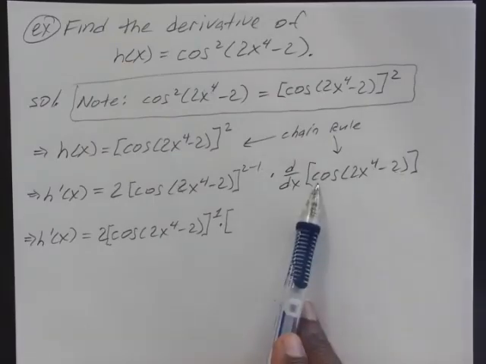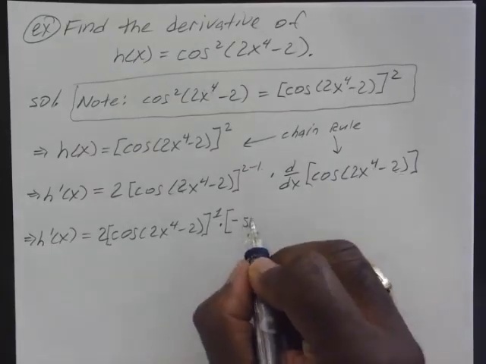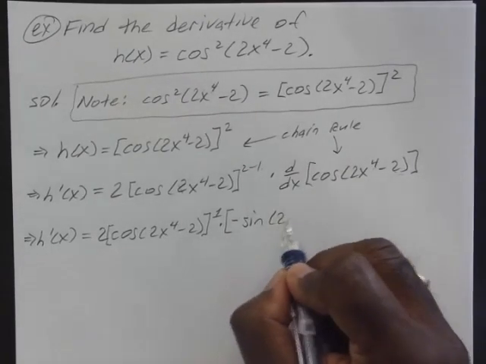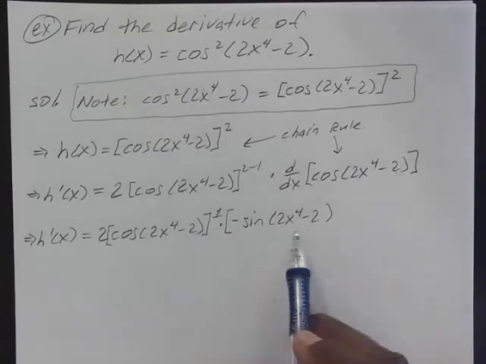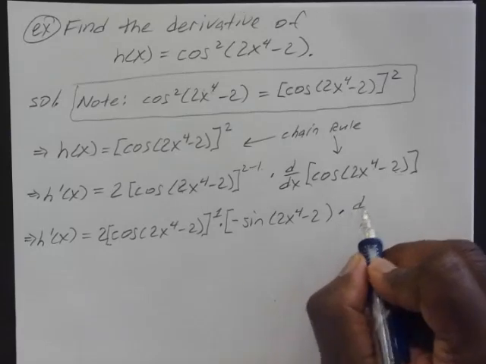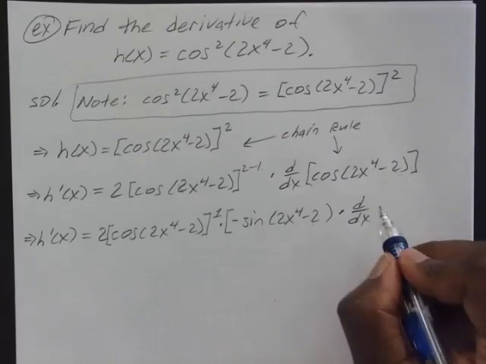Well, we know the derivative of cosine is negative sine. So that becomes negative sine of 2x to the fourth power minus 2 times the derivative of 2x to the fourth power minus 2.